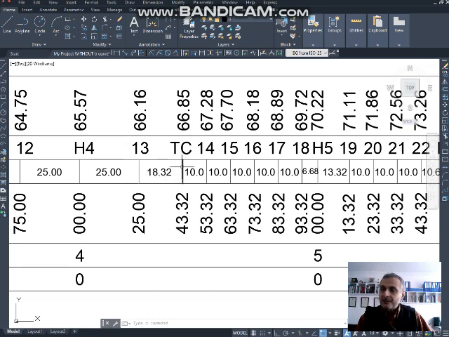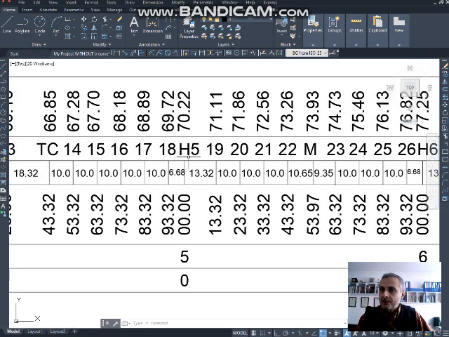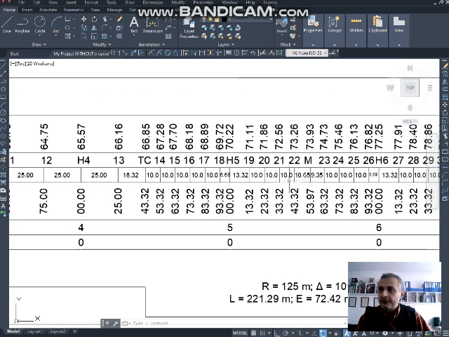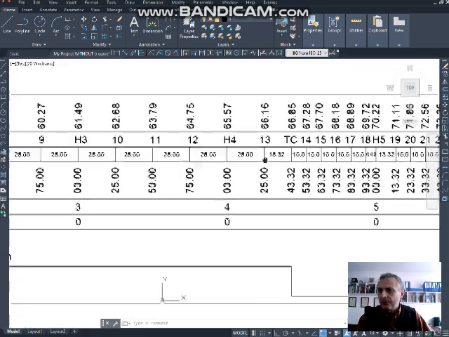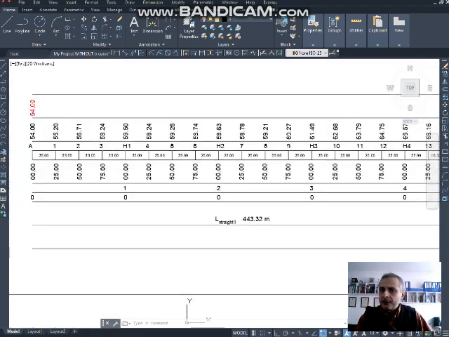And after TC, because it's a horizontal curve, for every 10 meters we have cross-sections, and we have special cross-section H5. Therefore, here we have a different distance. Special cross-section, different distance, etc. So you already know that. The 25, 50, 75 meters, again 0, 25, 50, 75, 0, 25, 50, 75 distances.